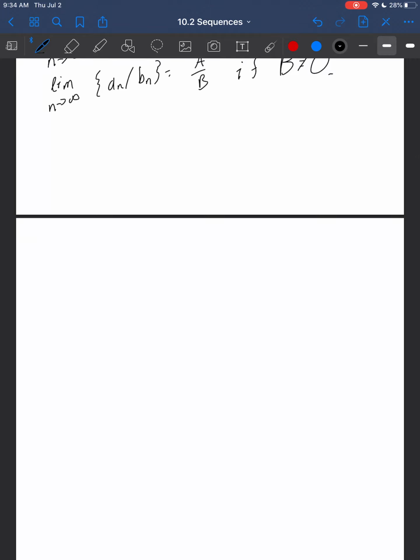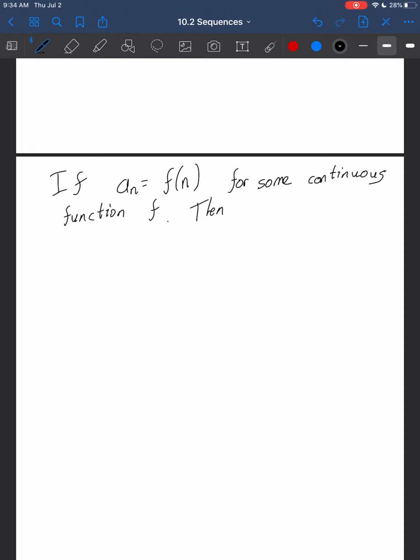Okay, so the first technique that we are going to talk about for dealing with these limits is just converting them into the world of functions. So let's say a sub n is f of n for some function f, and I think we need it to be a continuous function f.